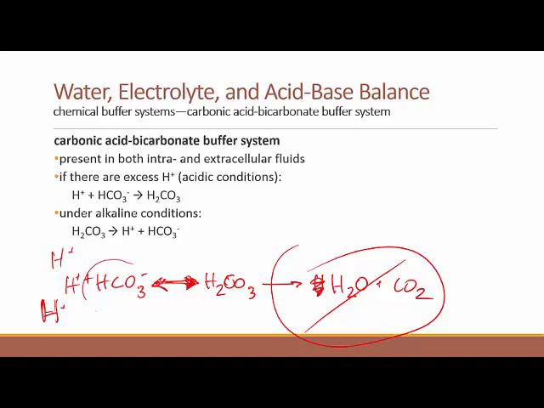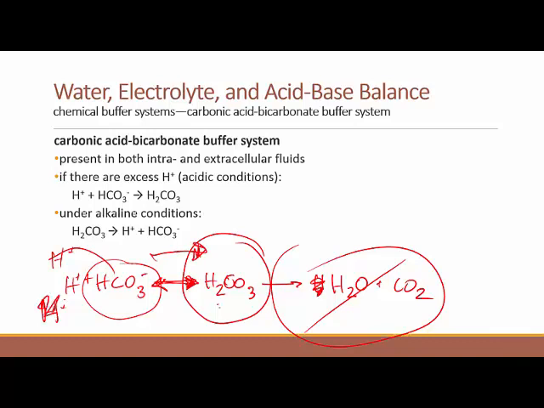So the bicarbonate ion that we have in solution will tend to interact with these extra hydrogens that are running around, and they'll produce carbonic acid where the hydrogen is bound to the molecule and isn't falling off. While carbonic acid is an acid because it can release the hydrogen ions, in this case, it winds up hanging on to hydrogen ions. When there's a lot of hydrogen ions running around, we shift the equilibrium in this direction.